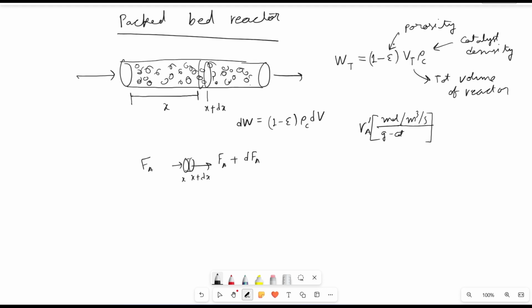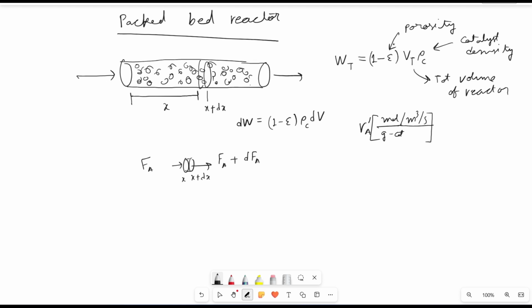Because the reaction happens when the reactant is in contact with the surface. So this can also be expressed per meter square of surface, but it can also be written as per gram catalyst. These conversions can be found in many textbooks.